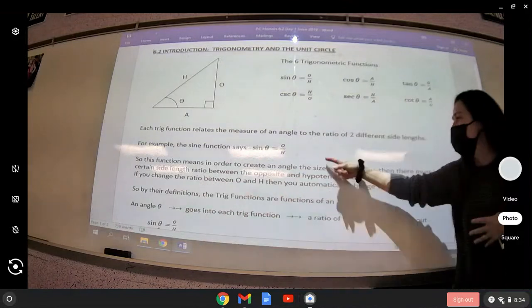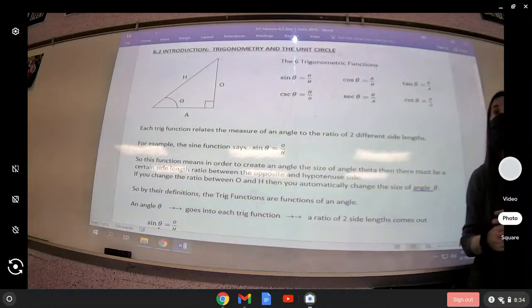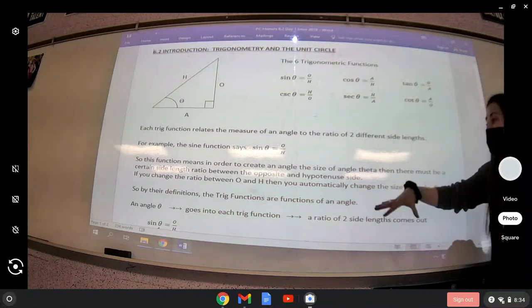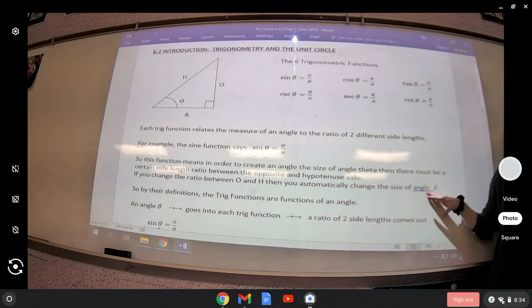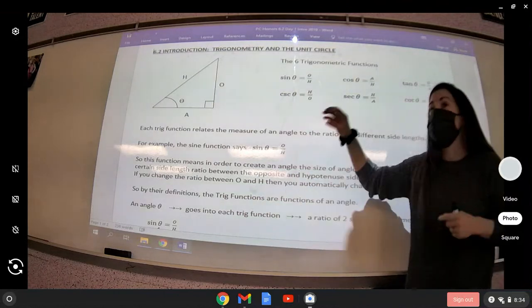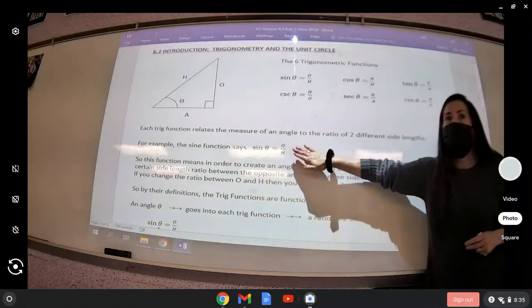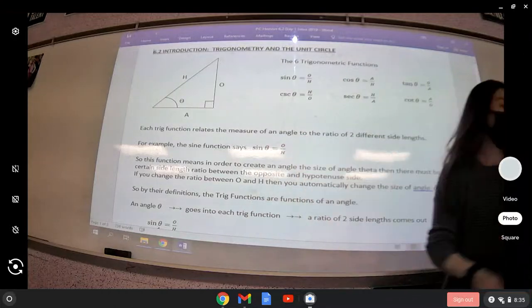So guys, if you change the ratio between O and H from, let's say, 2 to 3 to 2 to 5, then you automatically change the size of angle theta, because the trigonometric functions literally say that the size of an angle is dependent on a side length ratio, okay?